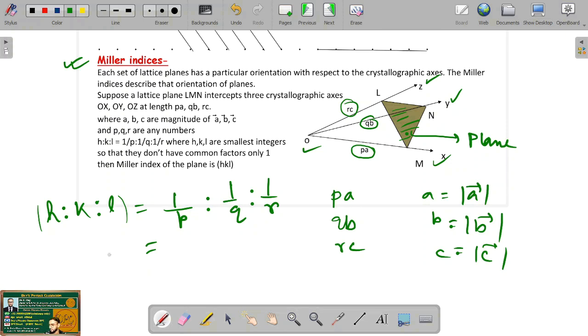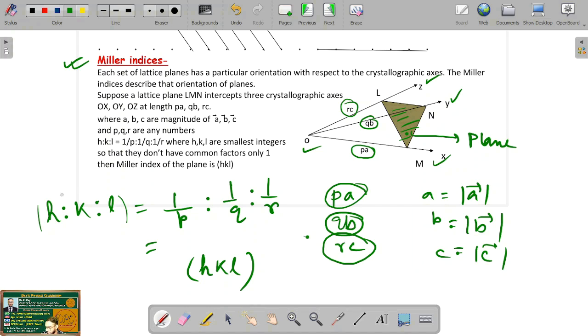Then the Miller index is denoted in first bracket as (HKL). So what happened is that H is to K is to L would be such that it becomes equal to 1 by P is to 1 by Q is to 1 by R, where the intercept on the crystallographic axis OX is PA, the intercept on OY would be QB, and similarly on OZ would be RC for that particular plane.